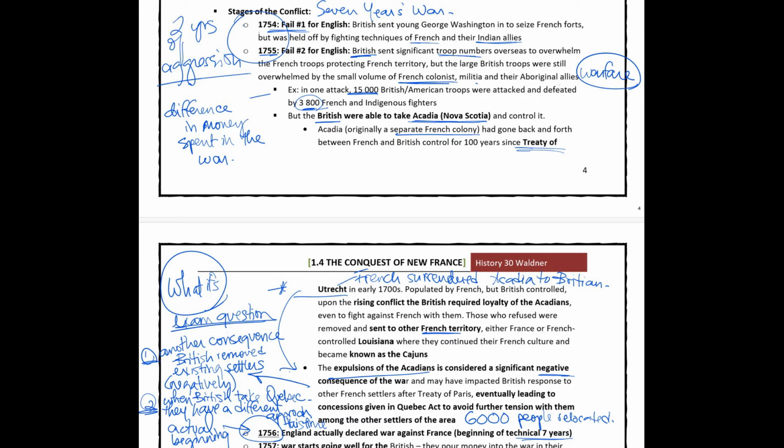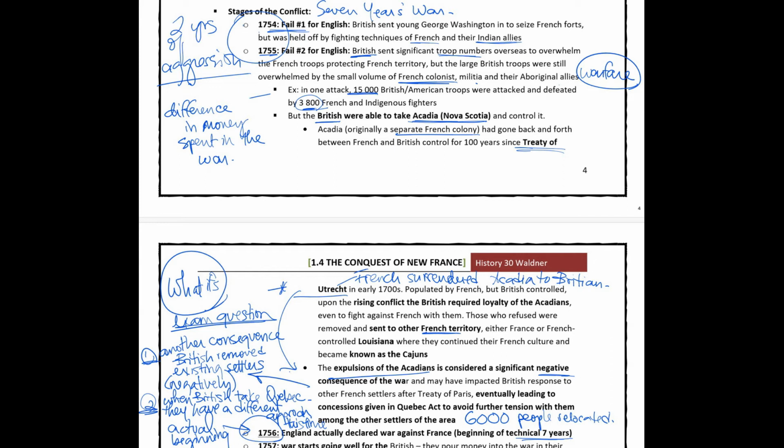Fail number two was the British spent their money. They sent a number of troops overseas to overwhelm the small number of French that were protecting that territory. But the French colonist militia and Aboriginals were still able to use a different type of warfare, and we watched that in the video, over the British.